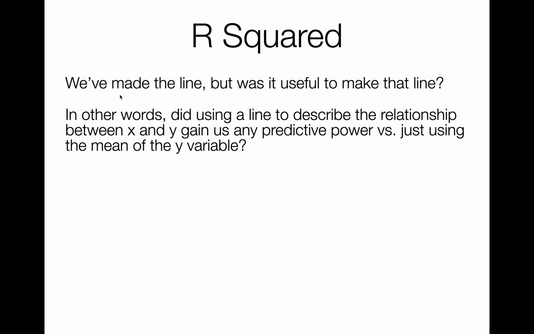We've made the line, but is it useful? And so another way to rephrase that is, did using a line to describe the relationship between x and y gain us any predictive power versus just using the mean of the y variable? Now, that's probably very confusing. But let me give you an example to try to make it easier.